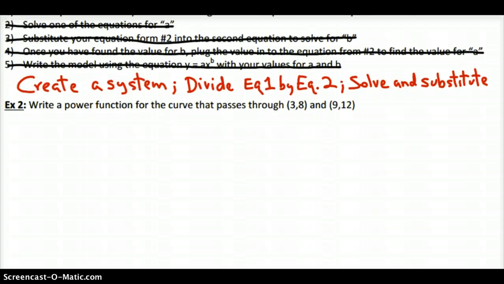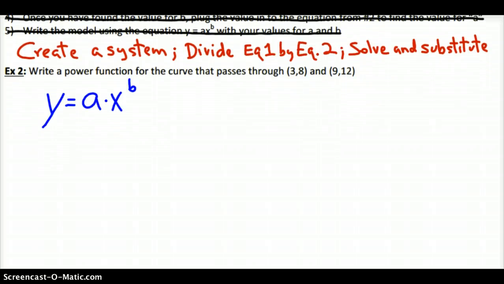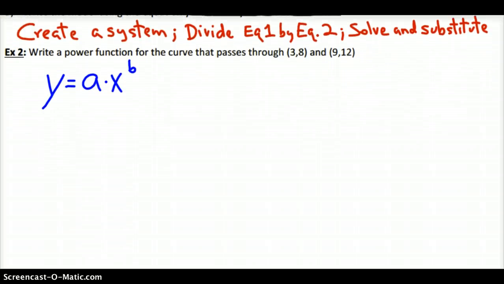Now, first of all, the power function is y equals a times x to the b. So that is the generic form. And again, we want to solve our system to find a and b, and then I'll do some substitution here.